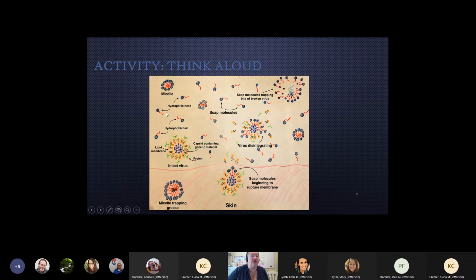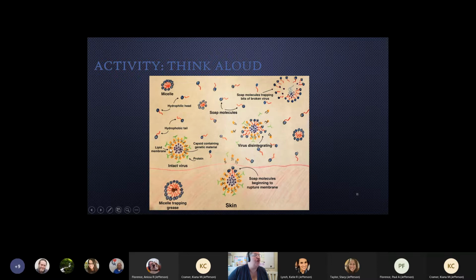We talk with students about how the head is hydrophilic or really water soluble, and the tail is hydrophobic or very not water soluble, very lipid soluble. And so when you get a bunch together, they form like this. But when there's another membrane around, they start to insert in the membrane and start to rupture it.